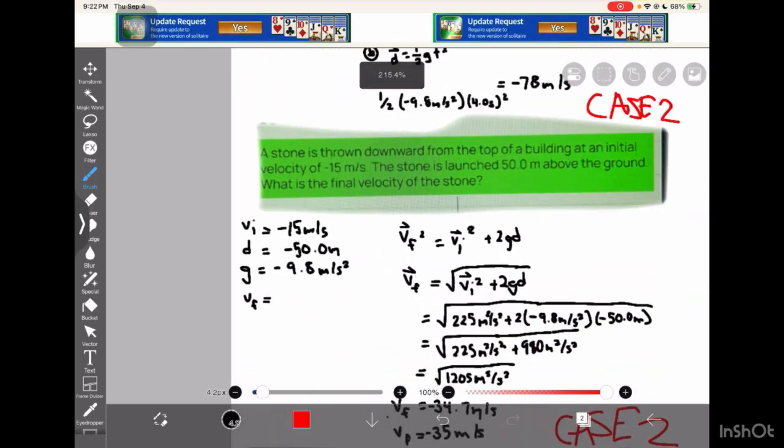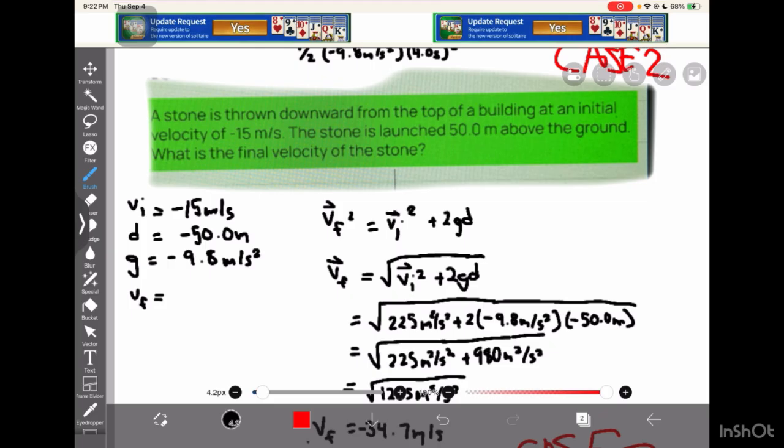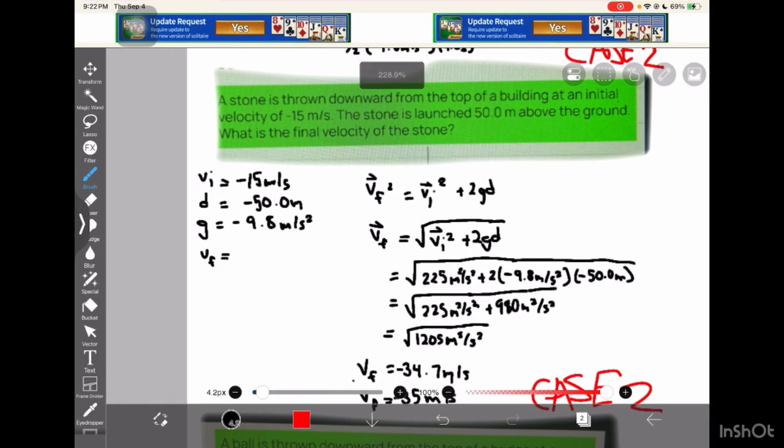So case 2, a stone is thrown downward from the top of a building at an initial velocity of negative 15 meters per second. The stone is launched 50 meters above the ground. What is the final velocity of the stone? So it's 50 meters above the ground, so actually, we have to use negative here.